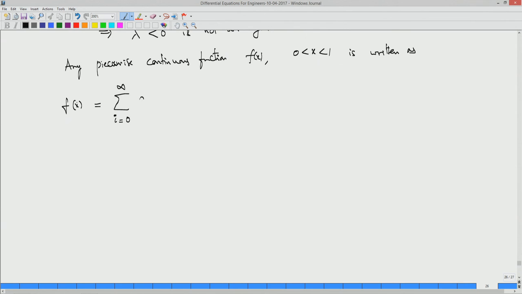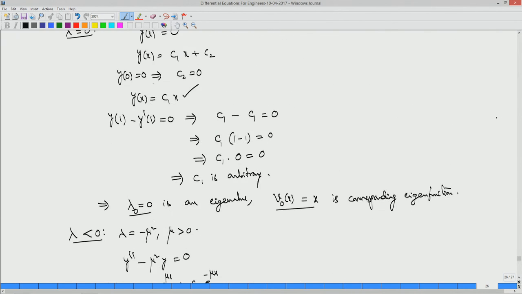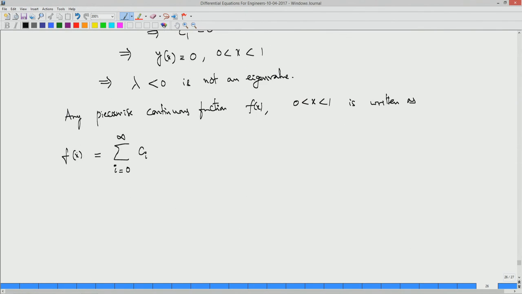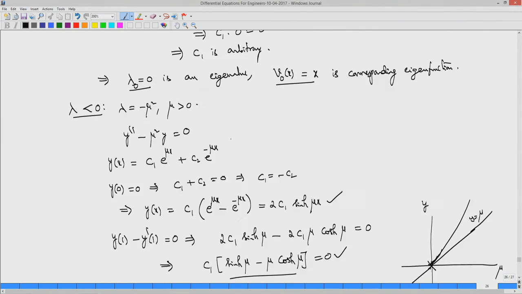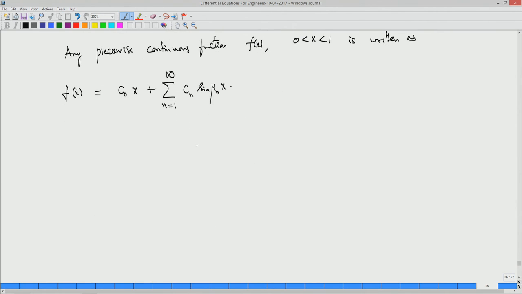So, you have Ci and the functions Vi, which are sin mu i x and x. You can rewrite it like C0 times x, that is for lambda equal to 0, plus the sum with n from 1 to infinity of Cn sin mu n x. These are your eigenfunctions sin mu i x. I am just changing the index to n.